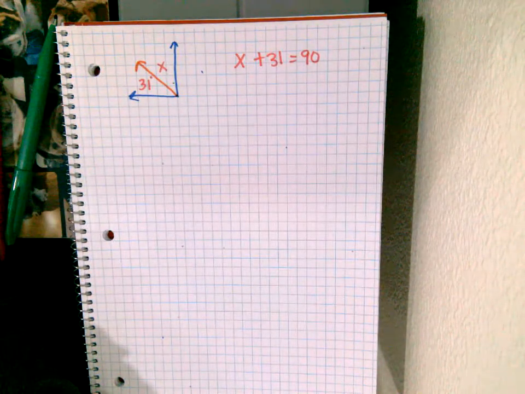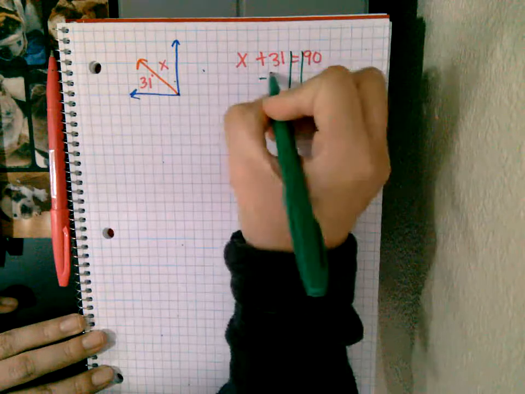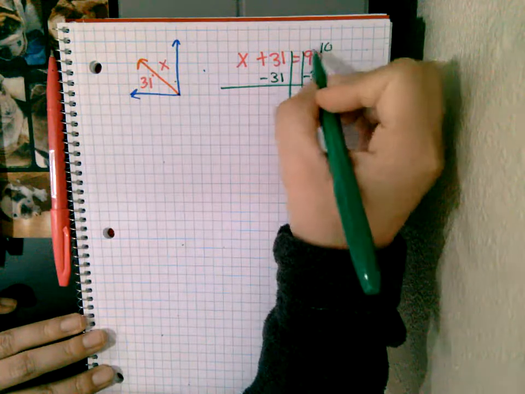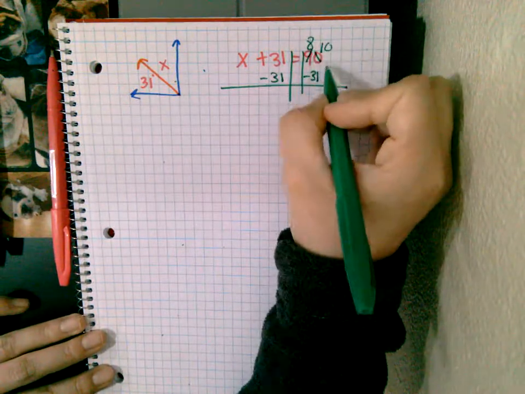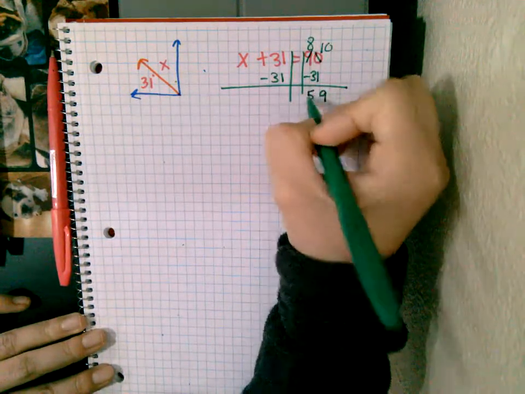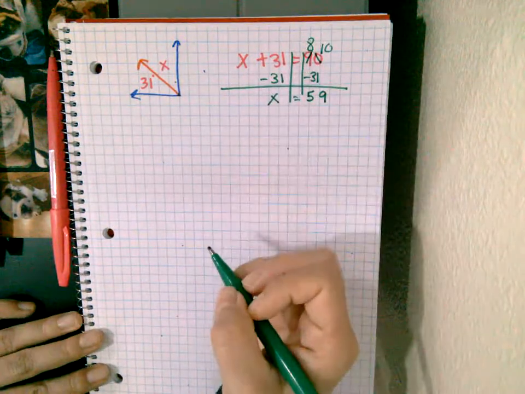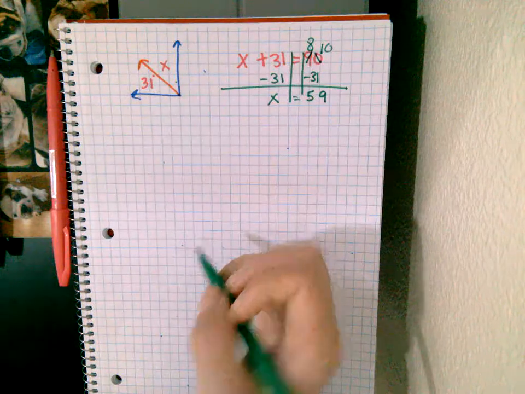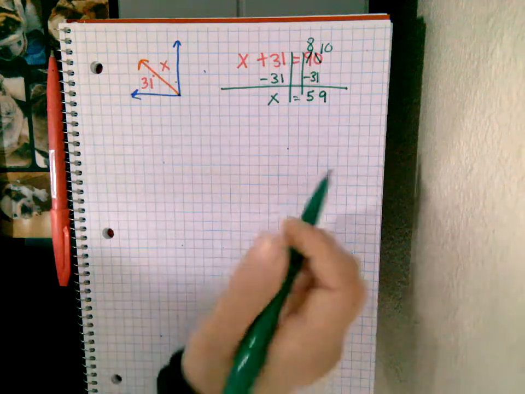We're just going to solve this by subtracting 31 on this side. Again, borrow. Show your work for borrowing. We get 59 is equal to x. So here's where I say super easy math.